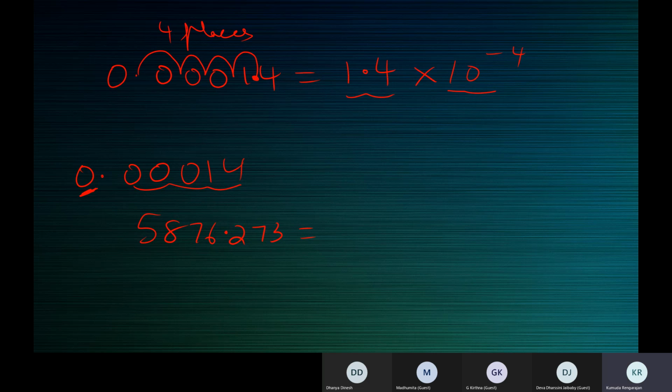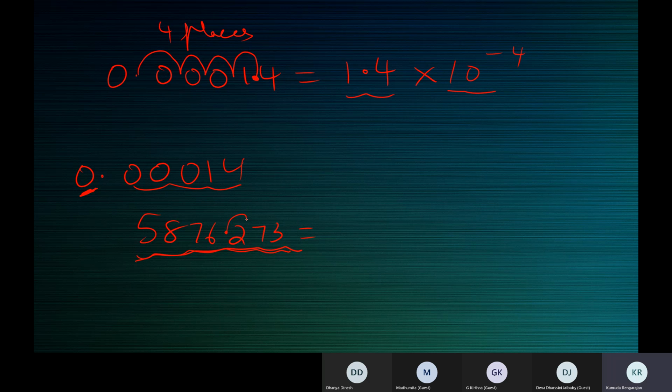5876.273. Now you have to write this in the scientific notation or the standard form. So for that you will have to bring this number to 1 or anything more than 1 but less than 10.